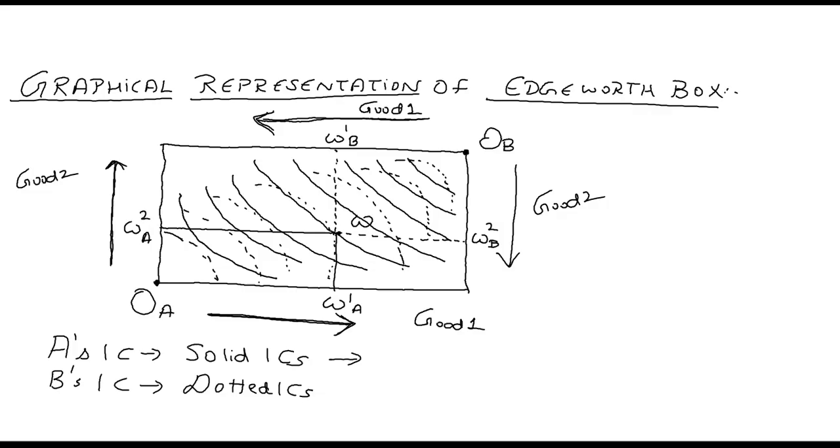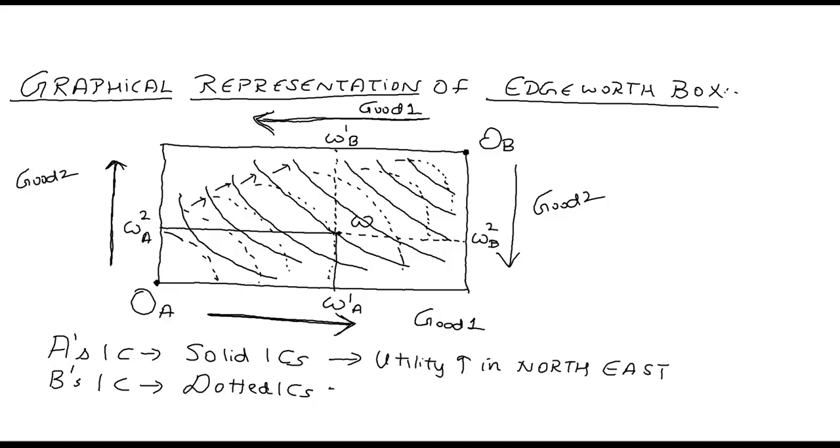A's indifference curves are increasing in which direction? In case of A's indifference curves, utility increases in the northeast direction. You're moving towards the north and east.